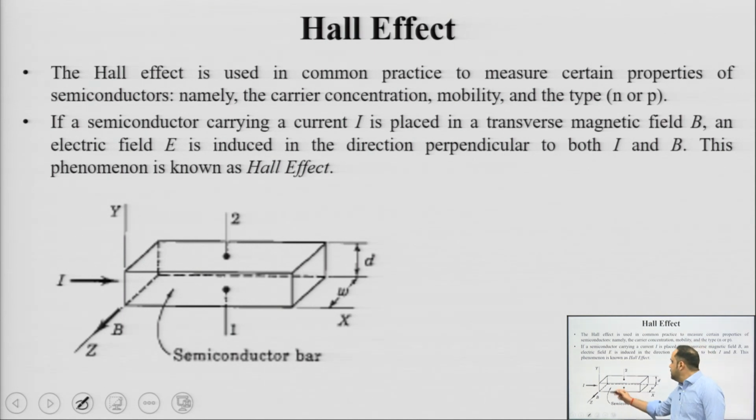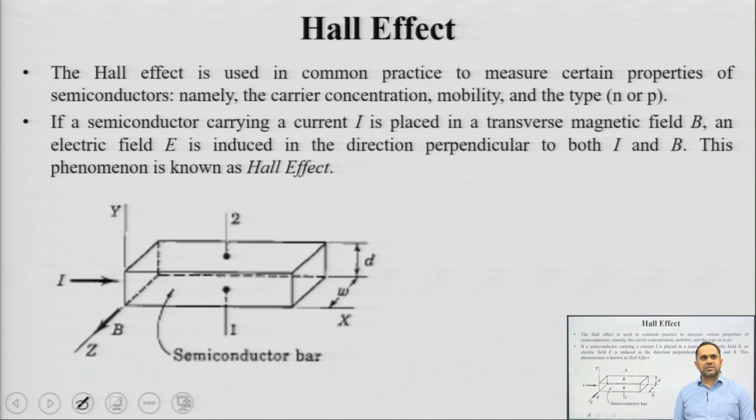It is a 3-dimensional view which has been shown for this semiconducting material. It has two surfaces, surface 1 on the bottom and surface 2 on the top. These surfaces are separated by a thickness d, and there is a width w. These are the dimensions of it.